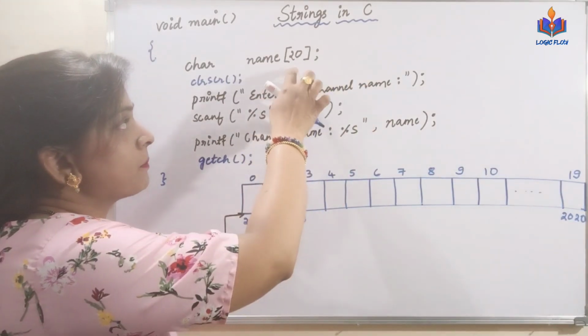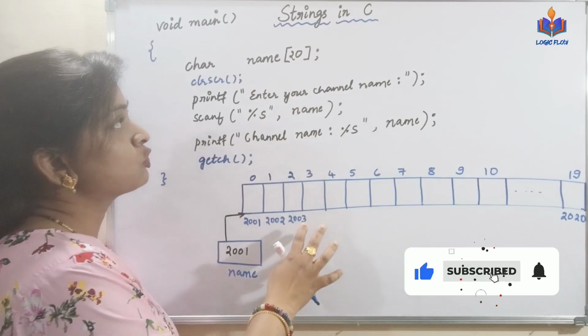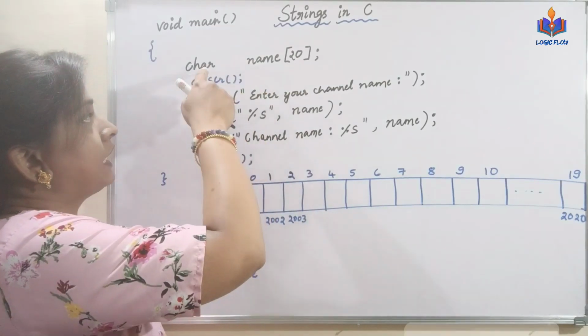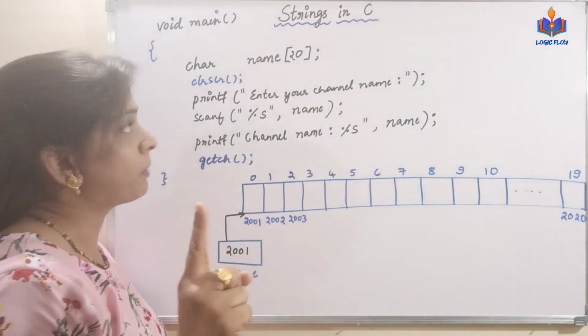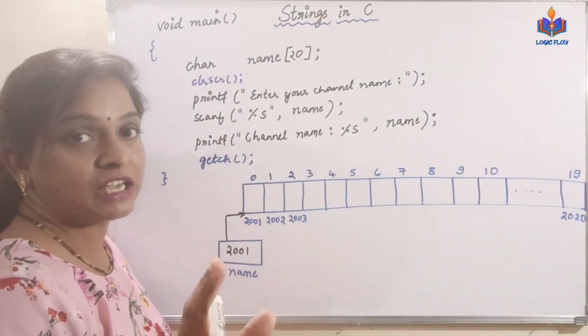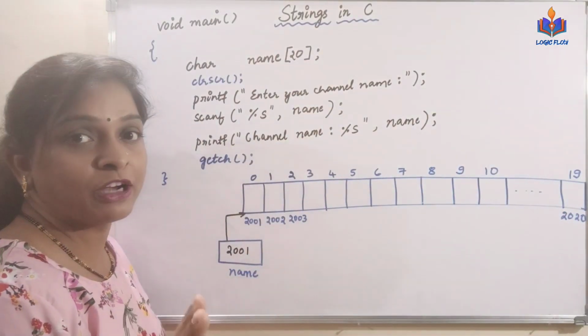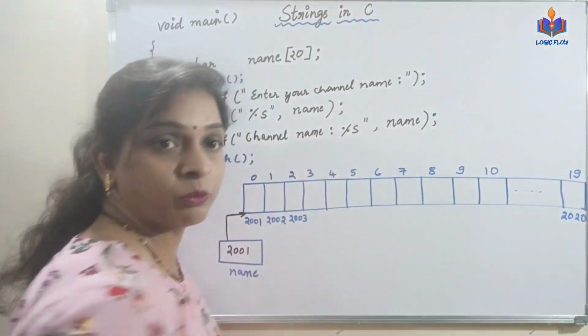As soon as the compiler encounters this character array declaration, it is going to allocate the memory based on the data type and its size. Data type is character, so 1 byte storage for each single character, and maximum 20 characters means totally 20 bytes of memory will be allocated, say from 2001 to 2020.